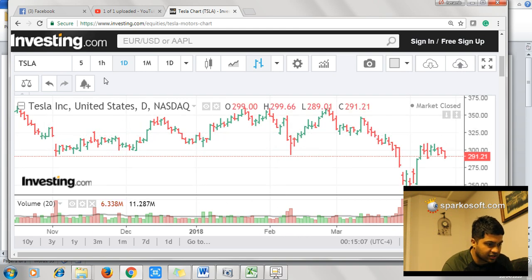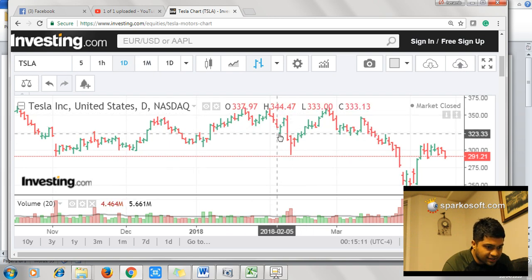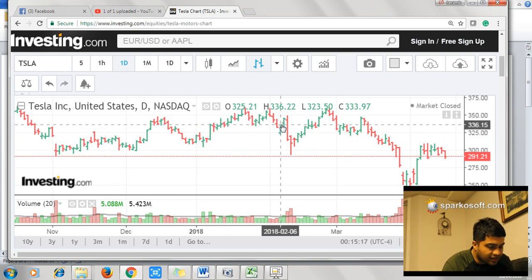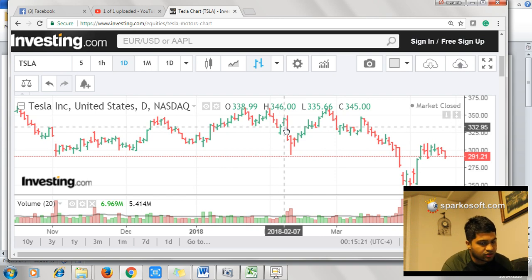So what does it show? In one day, the stock opened at the left needle, it went down to the low of the range, it went up to the high of the range, and it closed at the right needle. So the left needle is open, the right needle is close. Then you have a range, which is how high it went and how low it went.